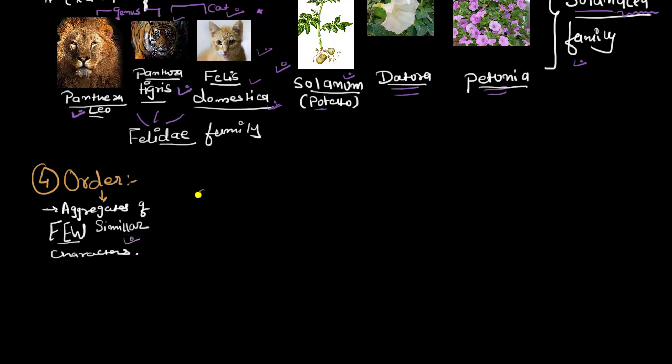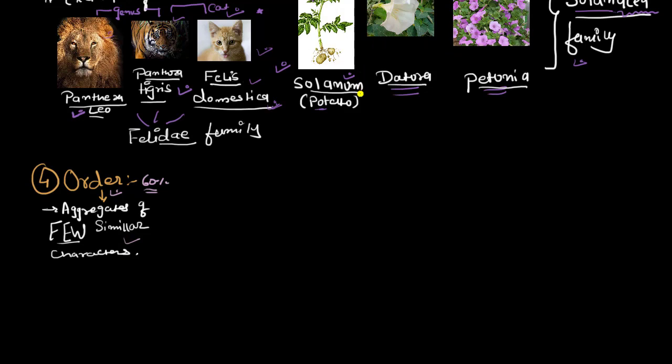If they have only 60% similarities, you are going to put them into the same order. Clear? In family we talked about 80 to 70%. Here, only 60% similarities between two families, and you are going to put them into the same order. Clear?